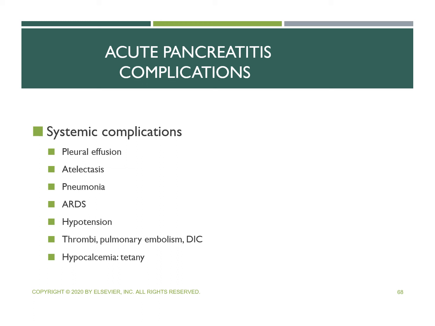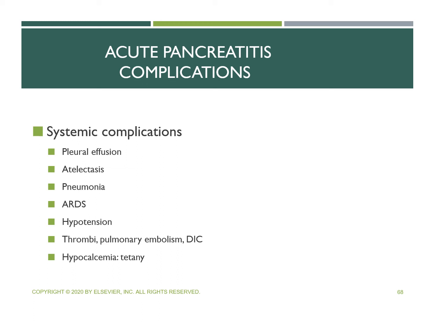You want to assess respiratory status on a patient with acute pancreatitis admitted to the hospital several times throughout your shift. So at least every 2 to 3 hours, you'd want to go in and do another reassessment of the oxygen level. Patient could also have some hypotension. The patient could develop a thrombus, a clot, which if it dislodges could lead to a pulmonary embolism.